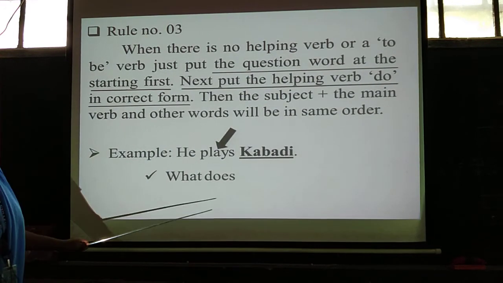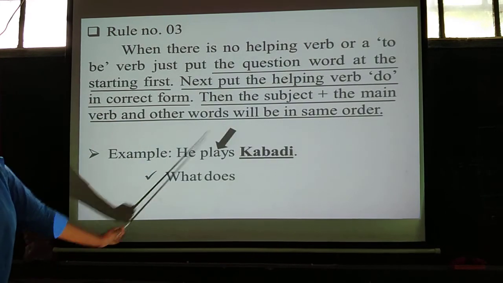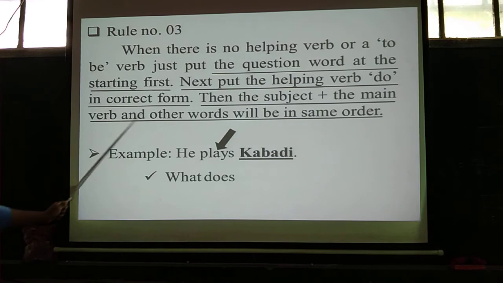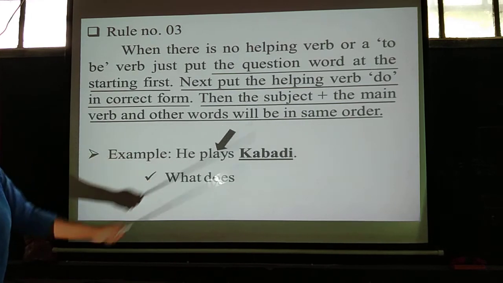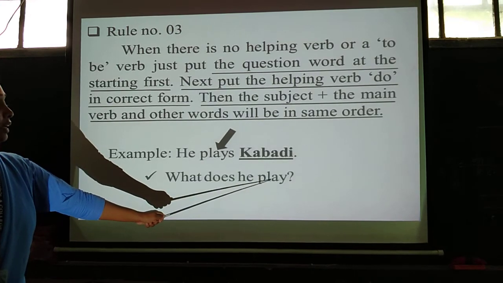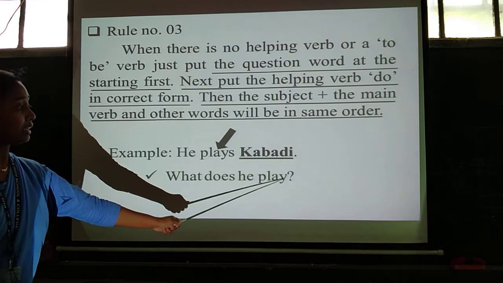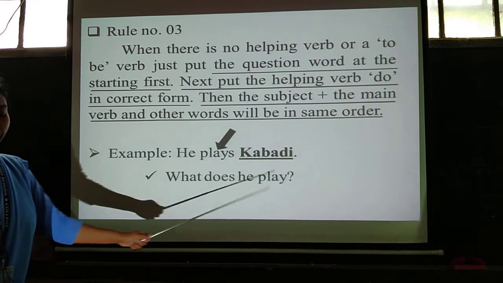What does, and then the subject he and the main verb and other words will be in same order. What does he play? Look carefully here, as we use does, we will never use the s again with the word play. Okay.